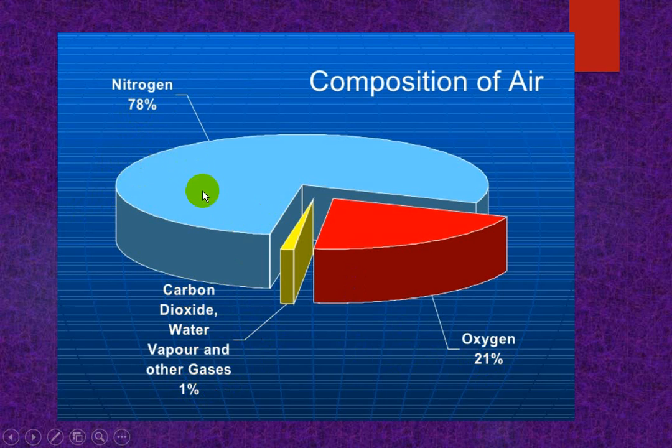So which gas is highest in the atmosphere? The highest gas in the atmosphere is nitrogen, 78%. Then oxygen, then carbon dioxide, water vapor, and different gases, dust, and germs, all together 1%.